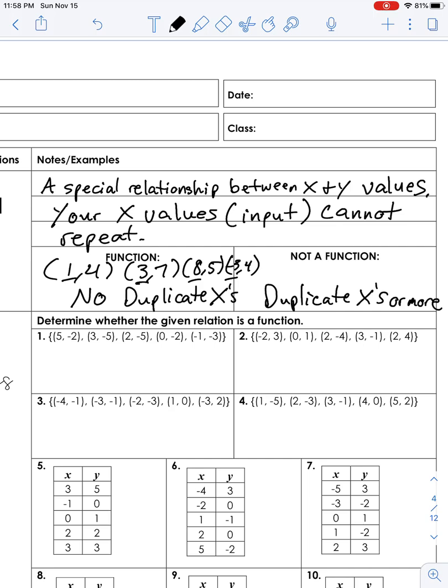Then if I gave you another example, very similar. So if I said 1, 4, 1, 7, 8, 5, -3, 4. Clearly you saw the change that I made. These two ones right here are duplicate x's. That would make it not a function.